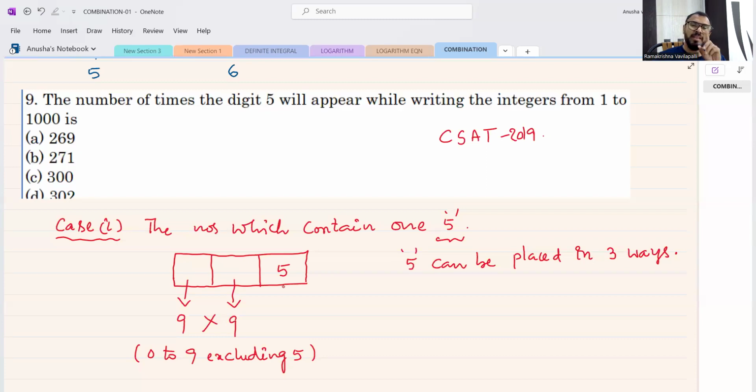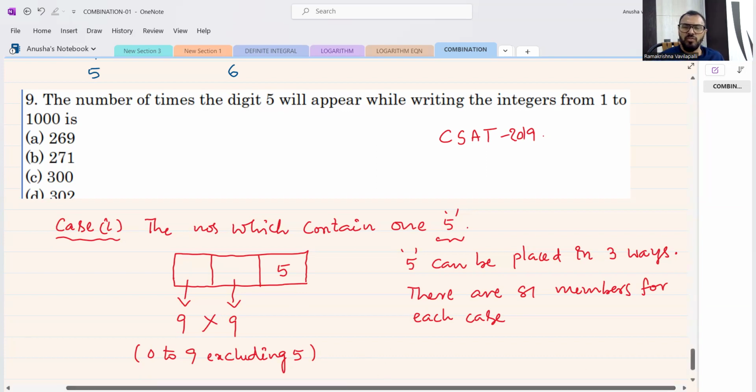If you put 5 in the first box, then also there are 81 numbers. So 81 numbers for each case: when the 5 is in third place, when 5 is in middle place, and when 5 is in first place.